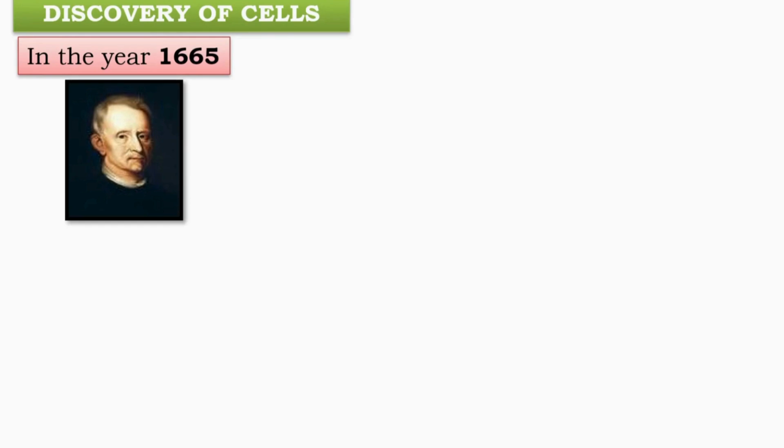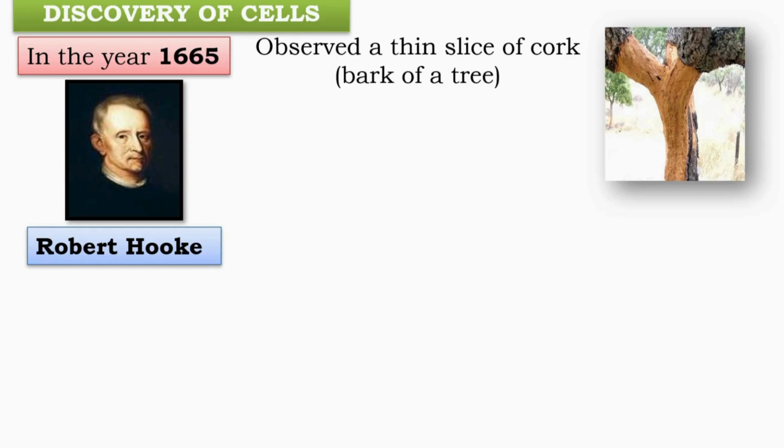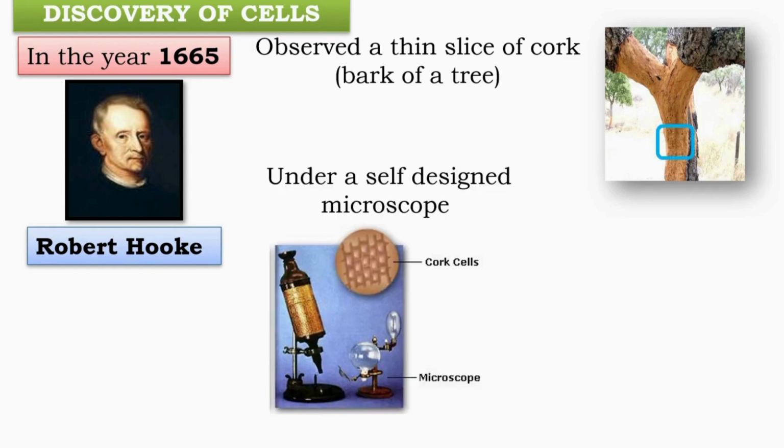Discovery of cells. In the year 1665, Robert Hooke discovered a thin slice of cork, that is the bark of a tree, under a self designed microscope.